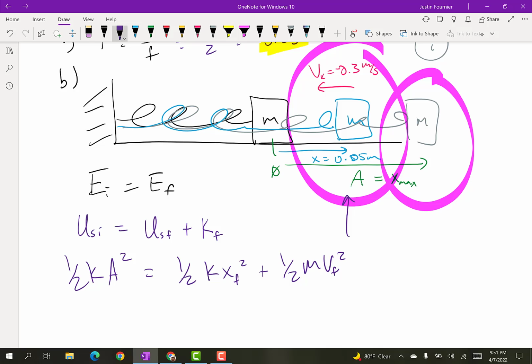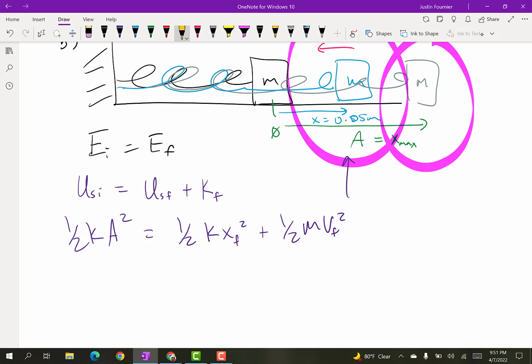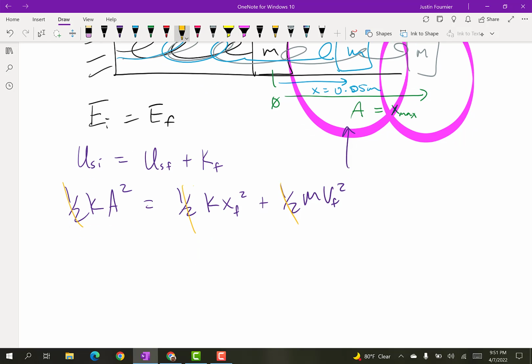So that's the Vx right there. Something good that happens is all the 1/2s cancel out, so that's nice. And then lastly, I'm going to isolate A here. So divide everything by K. And this K cancels, and I got M over K times V final squared.